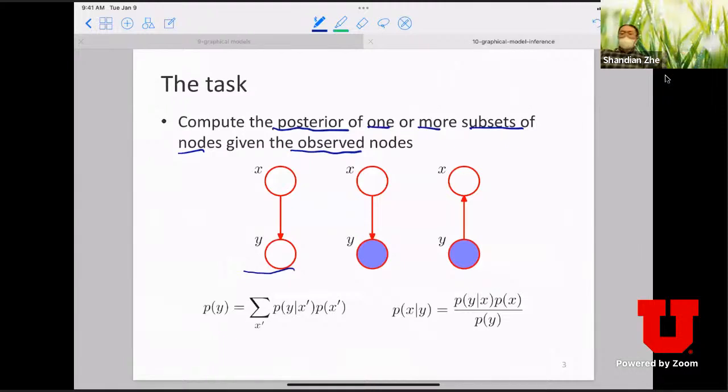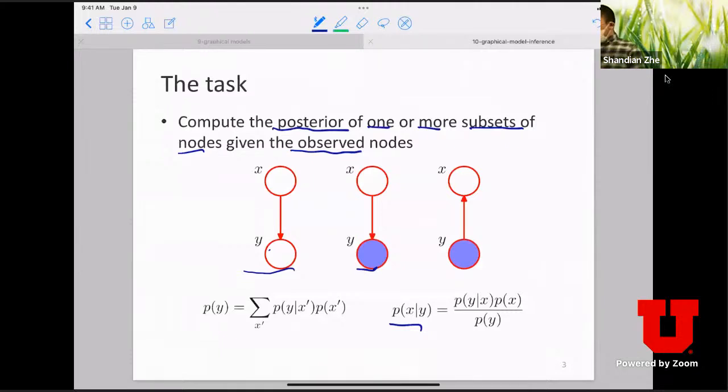Observed data correspond to some nodes in this graphic model, like y. Suppose y is observed, then our task is to compute the posterior probability of the remaining nodes given the observed nodes.